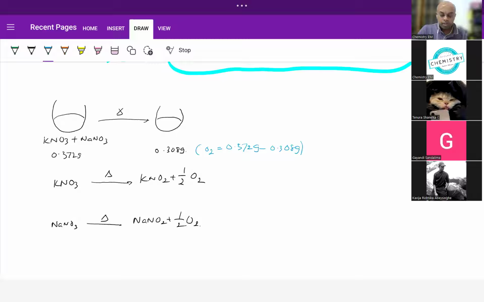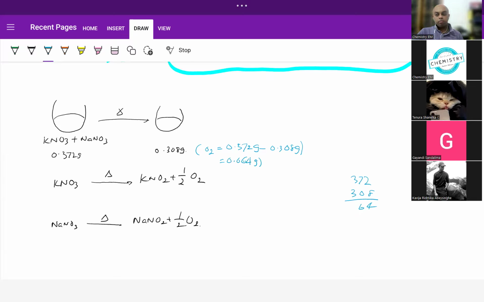If we subtract, 372 minus 308 gives 64, so 0.064 grams. So this is oxygen.